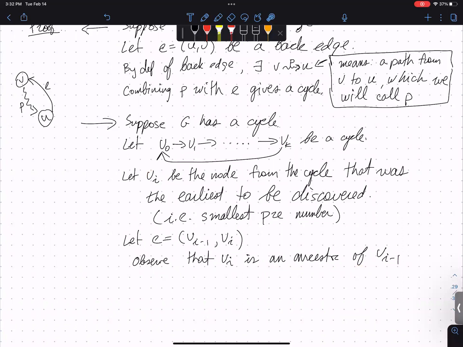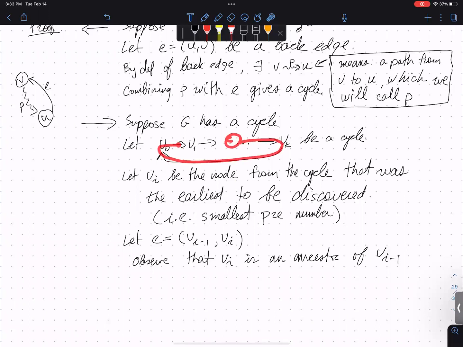In particular, that means that if there's a path from VI to anything, we're going to explore that. And so VI is going to be an ancestor of whatever we explore. In this case, let's say VI is here.